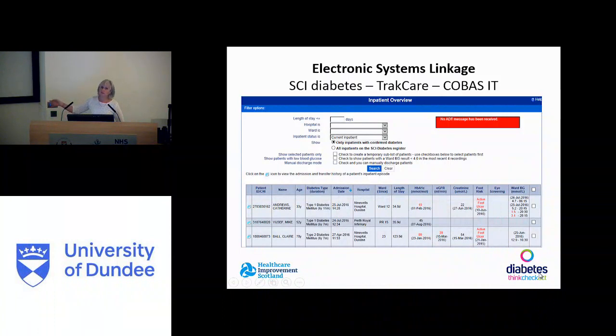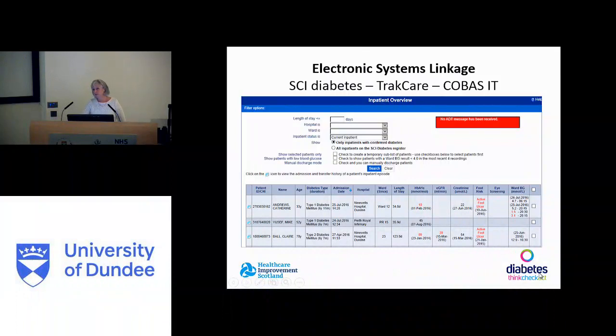This is all dummy data, so some of it looks a bit daft, but it gives me the date of birth and CHI of a person, their name, their age, their type of diabetes, when and where they were admitted, how long they've been in hospital, and some of their clinical markers like their HbA1c, renal function, whether their feet are at risk, whether they've had their eyes screened, and now we have the ward blood glucose levels.